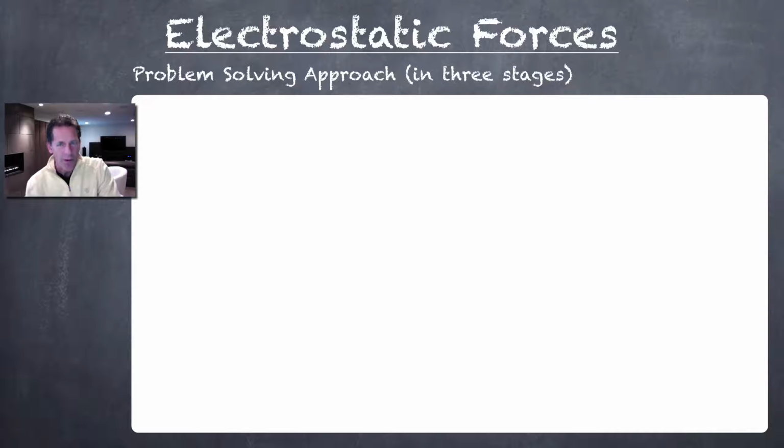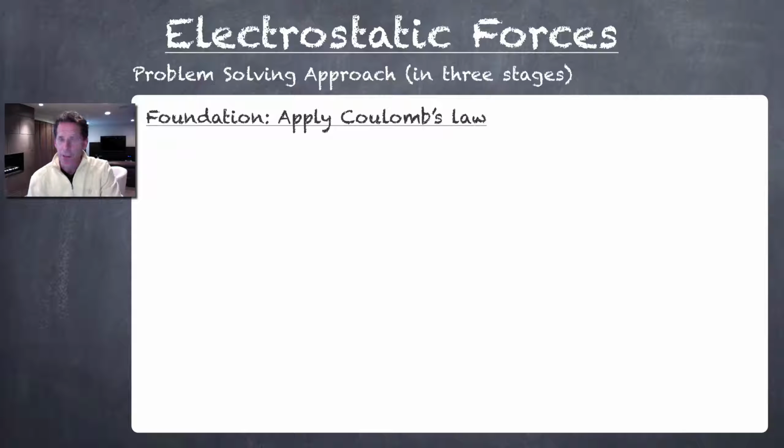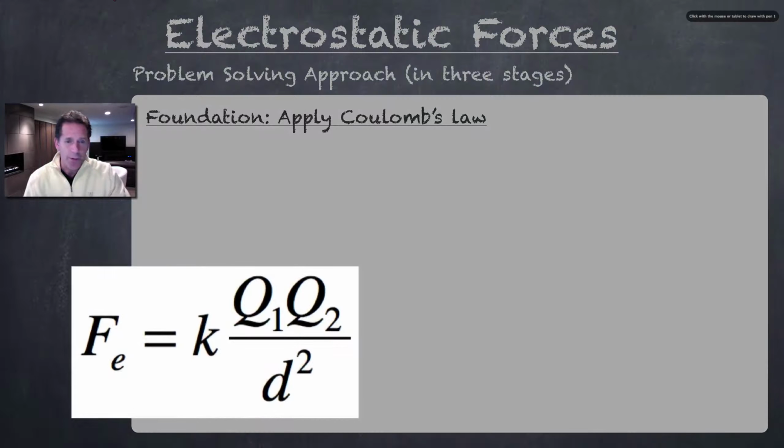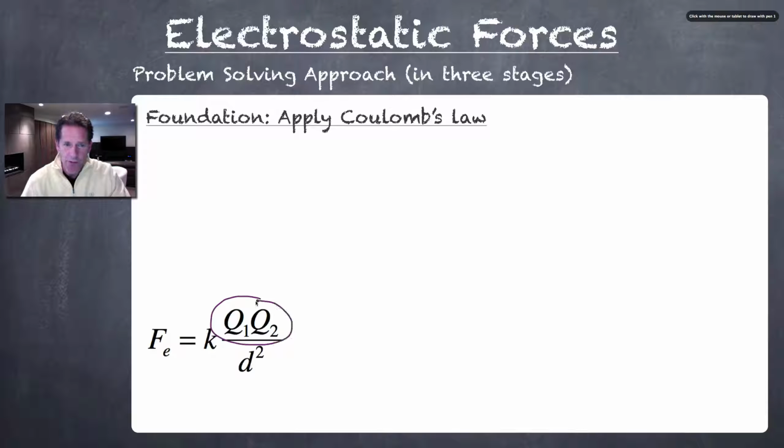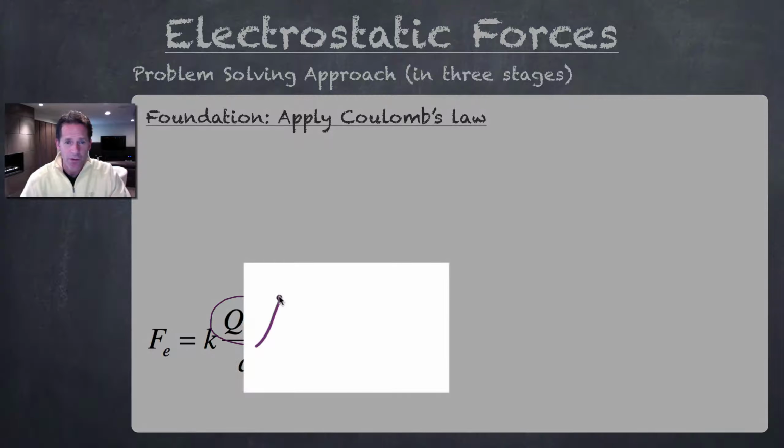Now, as always in problem solving, there are some underpinnings or fundamentals you need to bring to the table, unique to each situation. In this case, we're dealing with electrostatics, so we have to be able to apply Coulomb's law. Shown down here at the bottom, you need to recall that Q stands for the charge, and very often these charges are quite small, so they may be represented in microcoulombs.